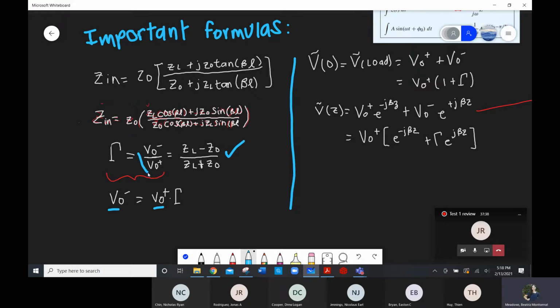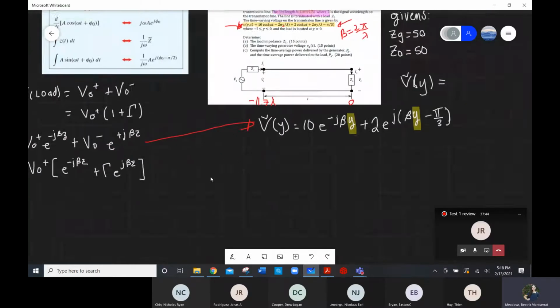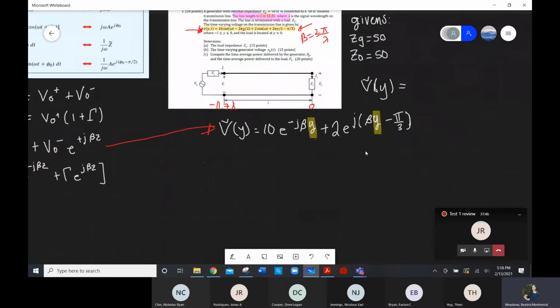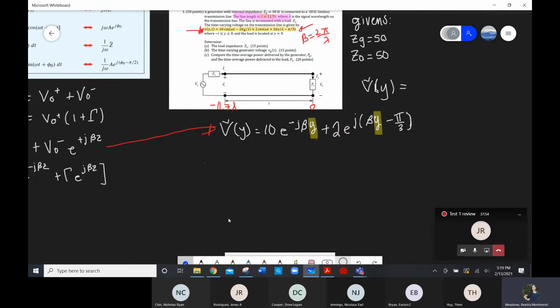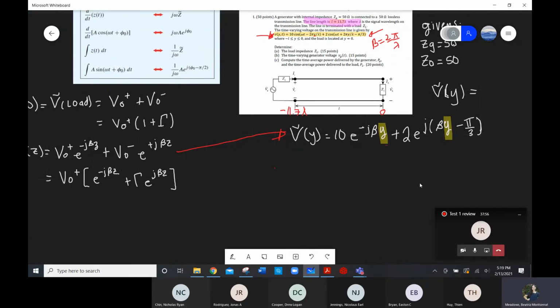But guess what? I know what this is, right? So I can already solve for the first part, right? Understanding these guys. Now I want you to be very careful comparing V naught plus and V naught minus here, okay? So what is V naught plus?